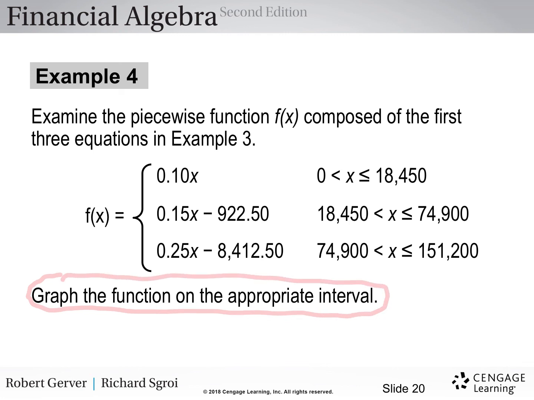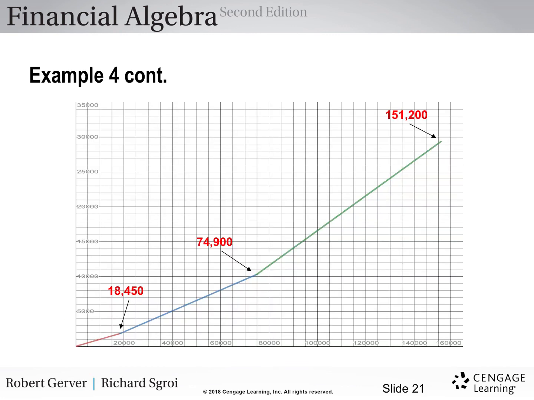So let's see what the graph looks like. Now you can see the graph. It's basically 3 straight lines with our cutoff points being 18,450 here, so it's at a certain slope. Then the slope increases all the way up to 74,900, so it's a little bit steeper.